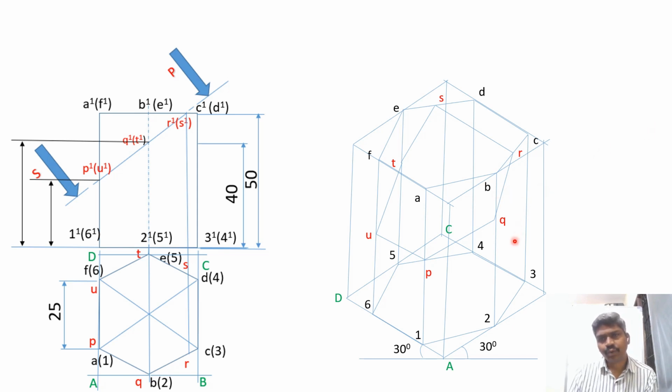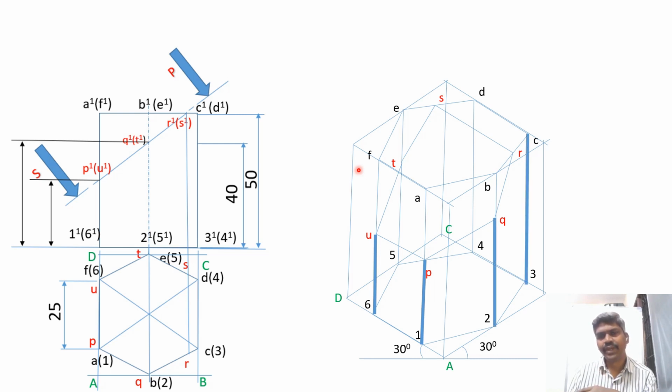Now the lower portion is the remaining portion, the upper portion is the removed portion. So you darken the longer edges for the remaining portion with the help of an HB pencil.